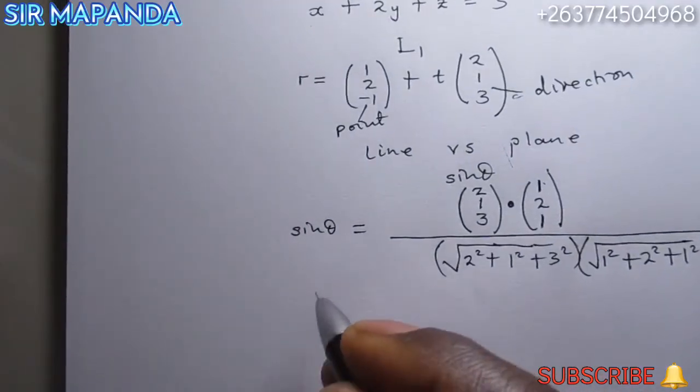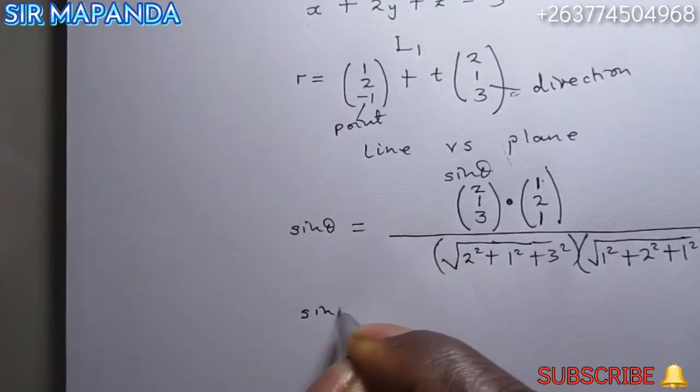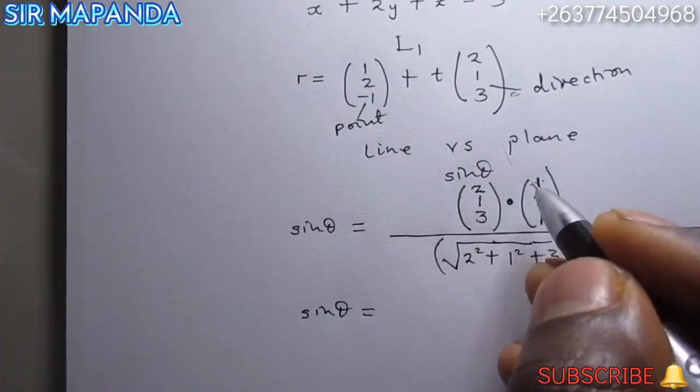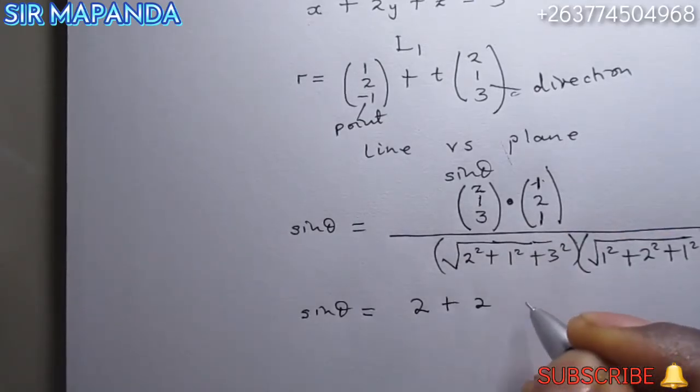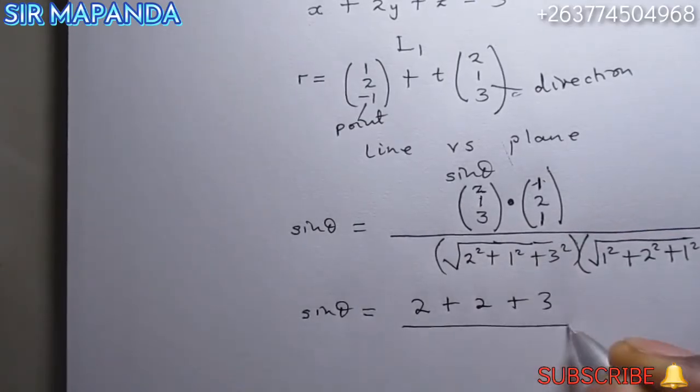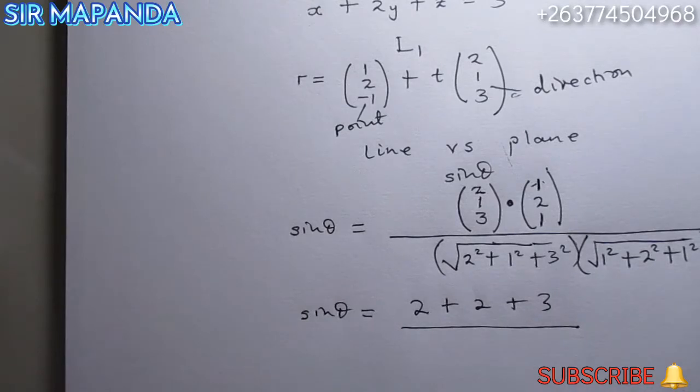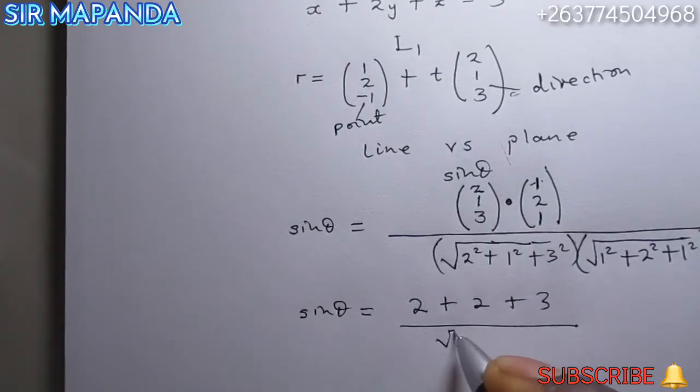Right. Sine theta is equal to 2 times 1, you get 2. 1 times 2, you get 2. 3 times 1, you get 3. This is the dot product. Then 2 squared plus 1 squared plus 3 squared, you get 14.